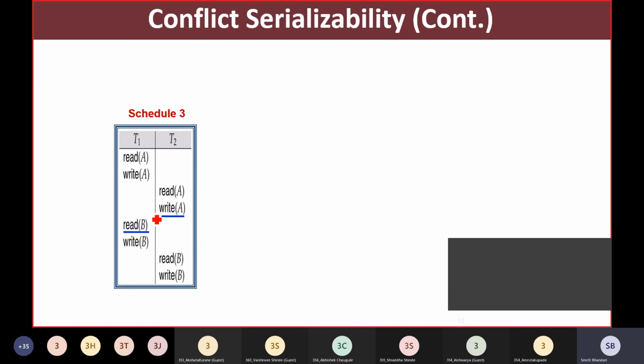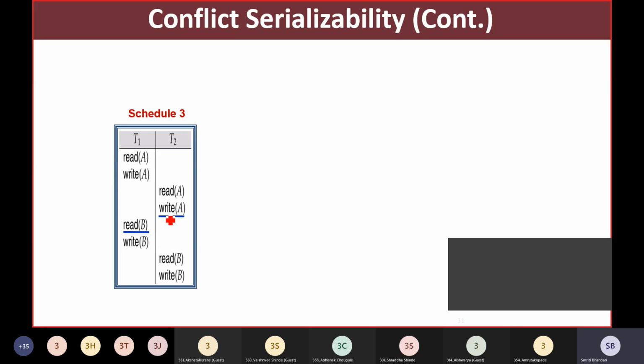This instruction is writing A and this instruction is reading B. So even though these consecutive instructions belong to two different transactions, they are not accessing the same data element. So they do not conflict with one another.